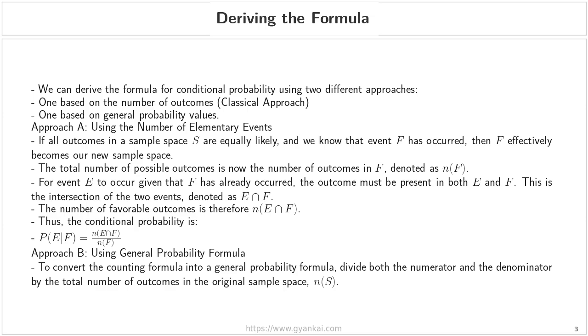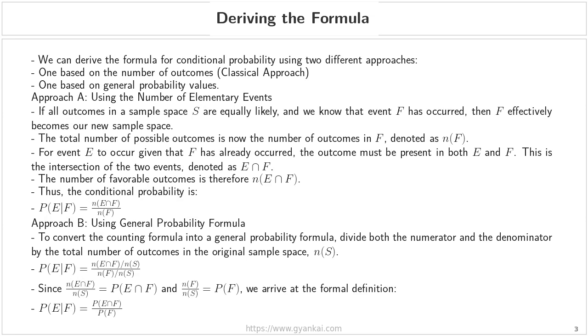We are going to take our fraction and divide both the top and the bottom by the total number of outcomes in the original sample space, which we call N of S. If we look at the numerator, N of E intersection F divided by N of S, that is exactly the definition of the probability of E intersection F. Similarly, the denominator, N of F divided by N of S, is the definition of the probability of F. When we substitute these back in, we arrive at the formal, standard definition. The probability of E given F equals the probability of E intersection F, divided by the probability of F.